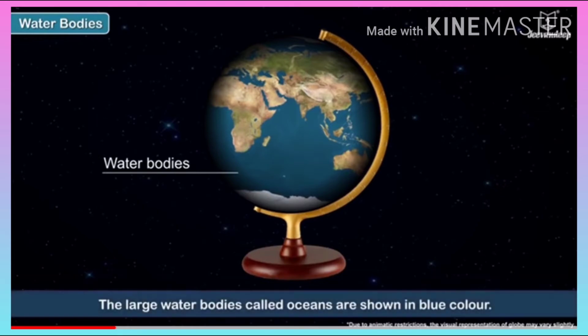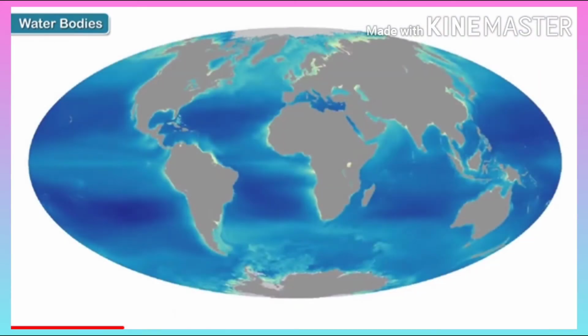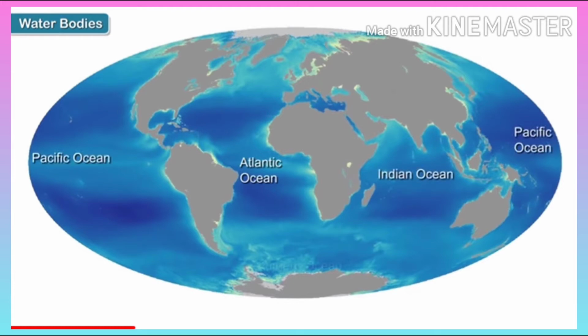The large water bodies called oceans are shown in blue color. There are 5 oceans on the Earth: the Atlantic Ocean, the Pacific Ocean, the Indian Ocean, the Southern Ocean, and the Arctic Ocean.